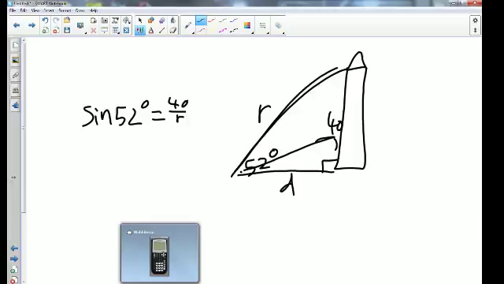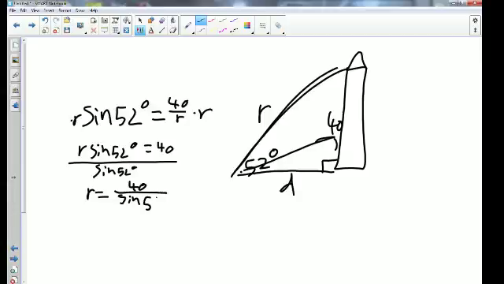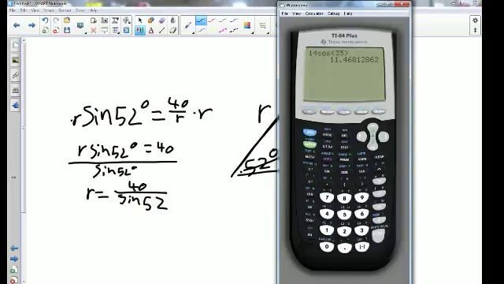So when configuring these equations, you multiply both sides by R. So R sine 52 degrees equals 40, and then divide by sine 52 degrees, and that leaves you with R equals 40 over sine of 52. Then you go back to your calculator and plug that equation in.